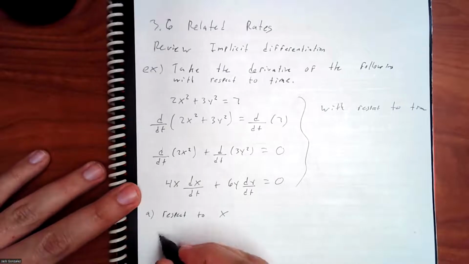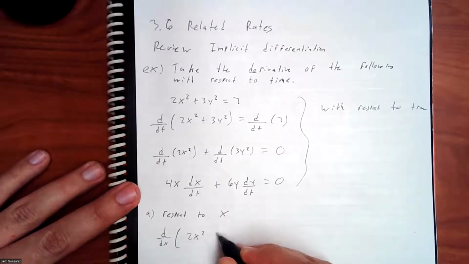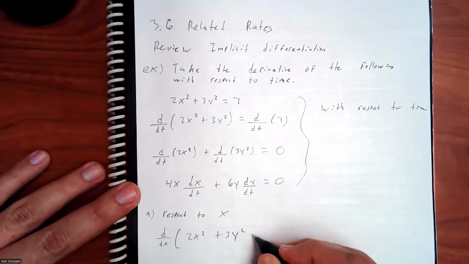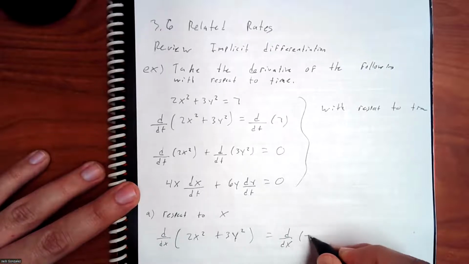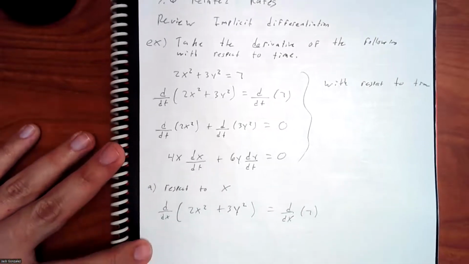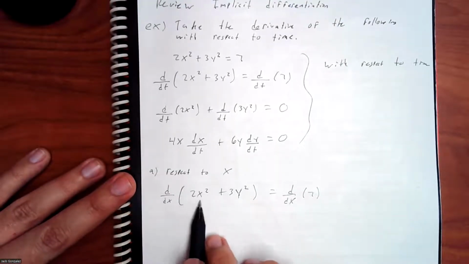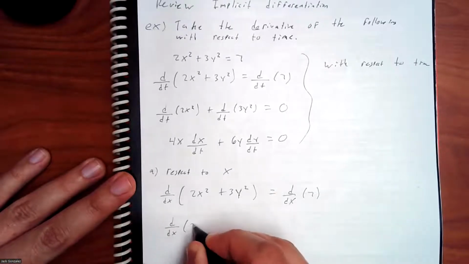x. So d dx. Right, what would be our answer? Right, it should be similar. Get rid of this guy. Right, it's going to be just the 4x, right?